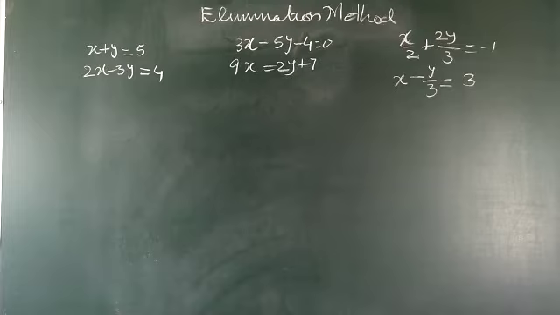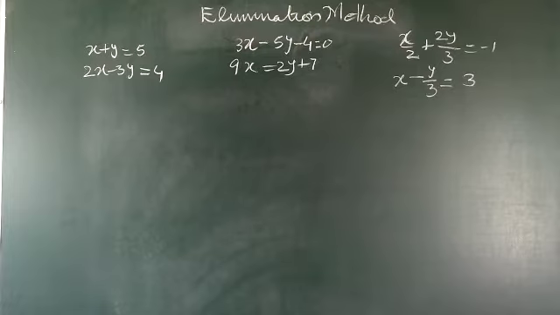The second set, if we compare with ax plus by plus c is equal to 0, has the minus 4 on the left side, and its second equation 9x is equal to 2y plus 7 has 2y plus 7 on the right side of the equal.